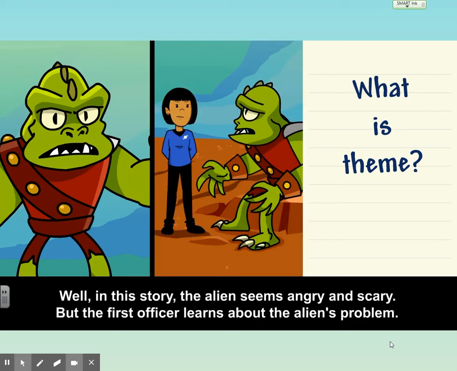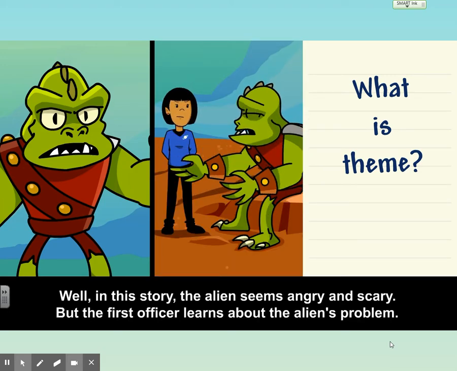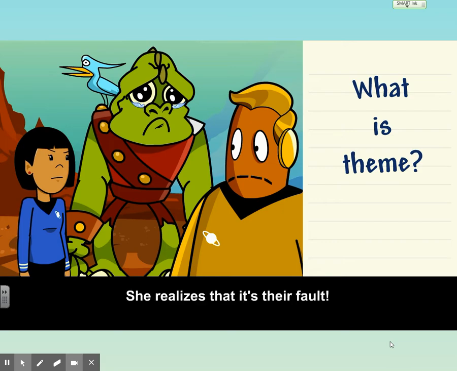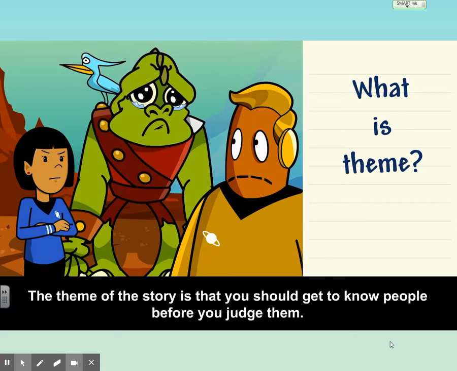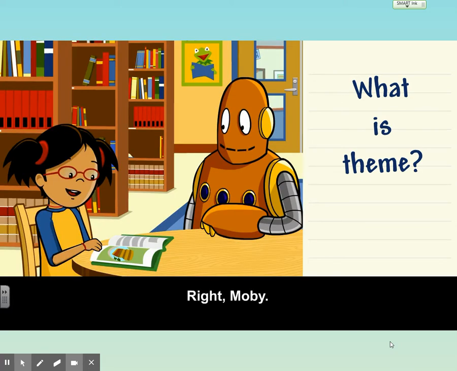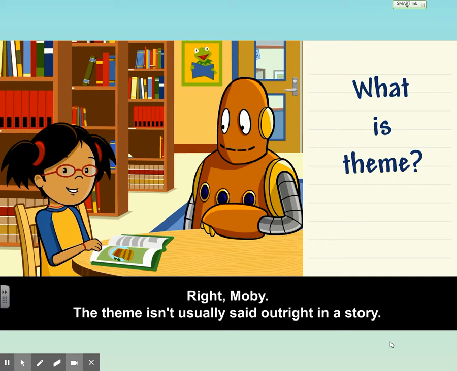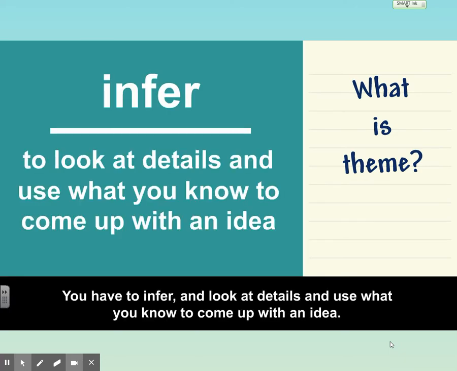But the first officer learns about the alien's problem. She realizes that it's their fault. The theme of the story is that you should get to know people before you judge them. Right, Moby. The theme isn't usually said outright in a story. You have to infer and look at details and use what you know to come up with an idea.